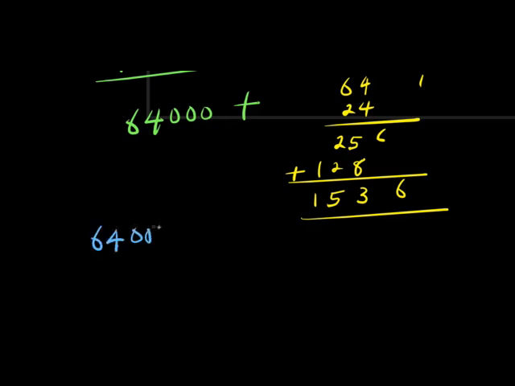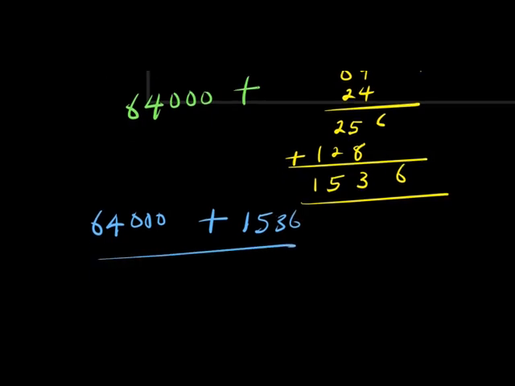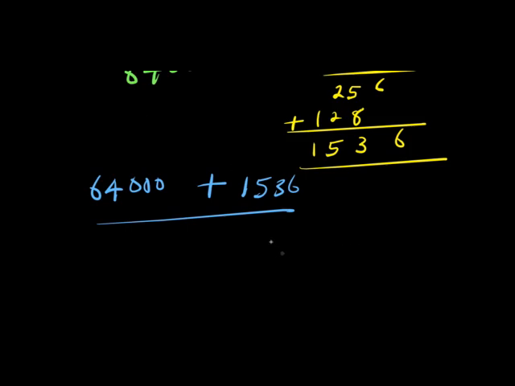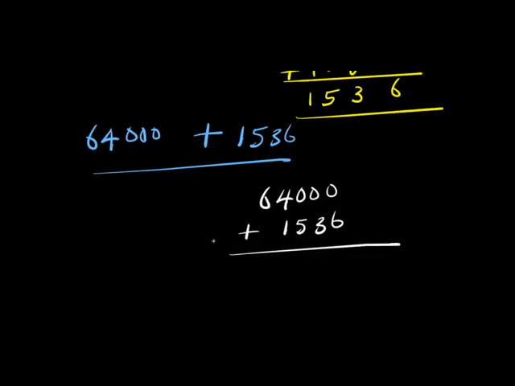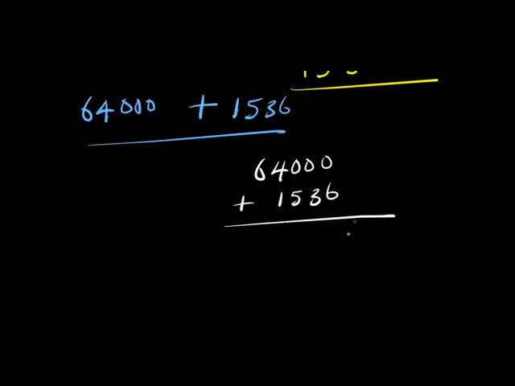You have 64,000 plus 1536. So let's add this together. So we add 64,000 plus 1536. This is 6, this is 3, this is 5, this is 5, this is 6. So we have this, 65,536.